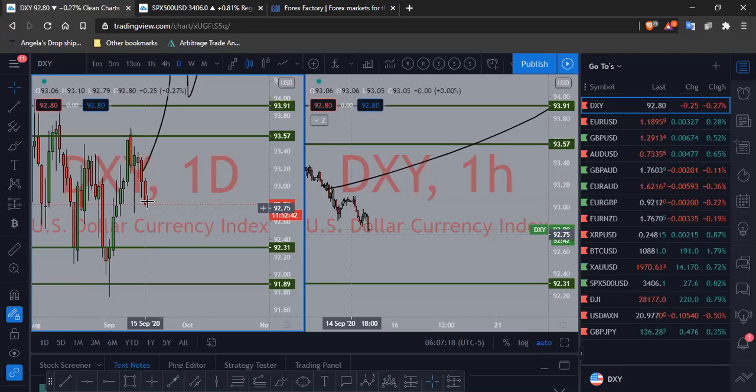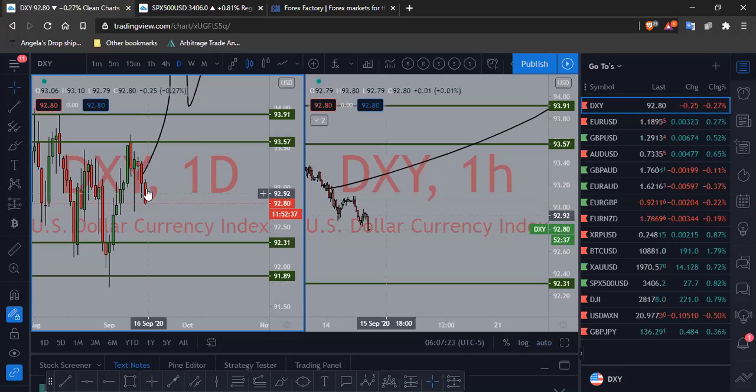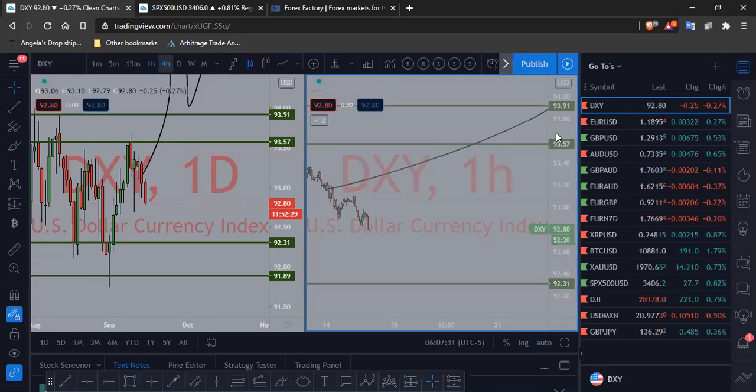I do see an engulfing candle happening, and it's coming into this little support area on the 4-hour time frame. Let me go to the 4-hour time frame real quick.